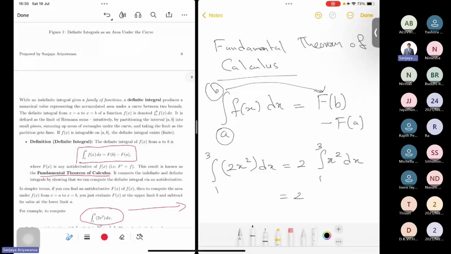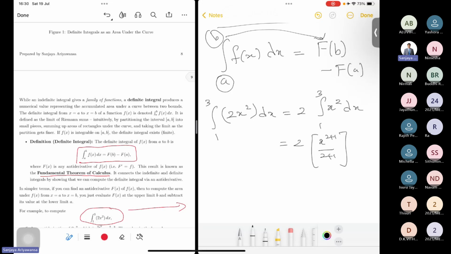I use the power rule very simply, which is x to the 2 plus 1 divided by 2 plus 1. Now I put a bracket and I say my lower bound and upper bound. I don't need to put the constant now. Why? Because I have definite integrals. I'm given a particular interval at which I want to integrate it. So I have here x cubed over 3 from 1 to 3.